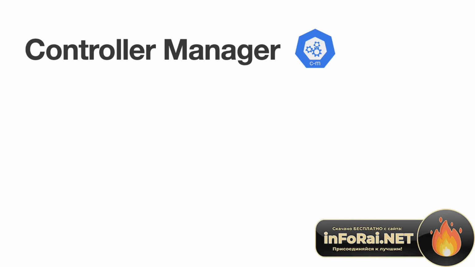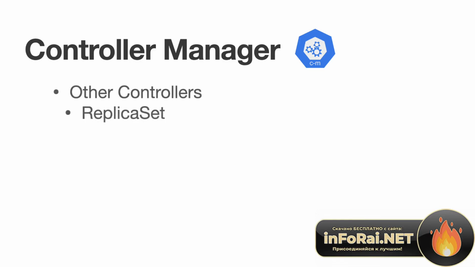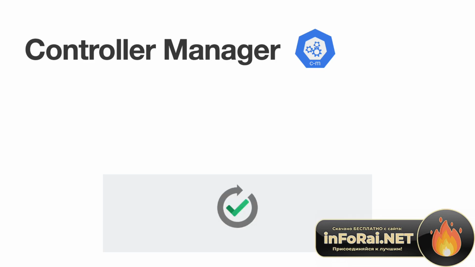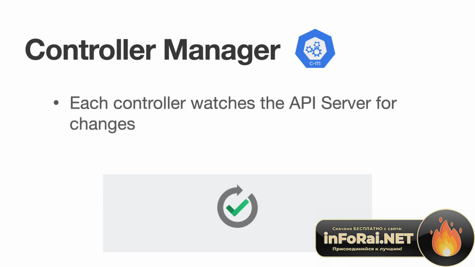We have other controllers such as the replica set, which is responsible for ensuring that we have the correct number of pods running. We have the endpoint controller, which assigns pods to services, namespace, service accounts, and others. And to put it this way, what the controller manager does is simply watch the API server for changes.